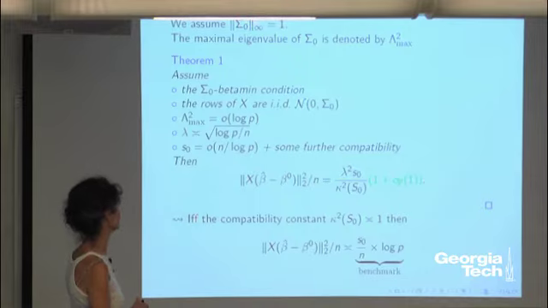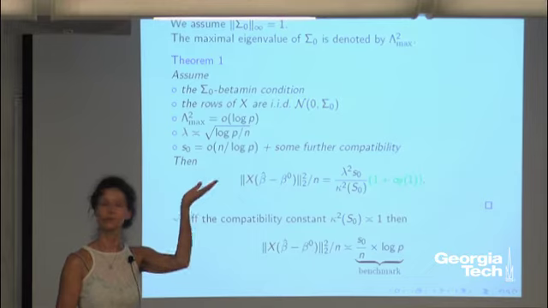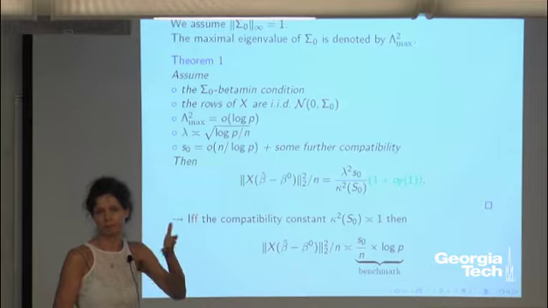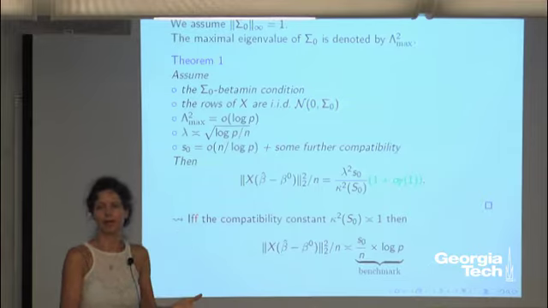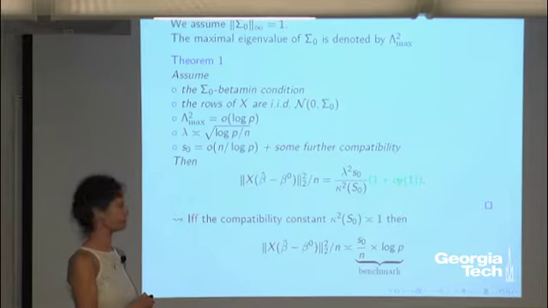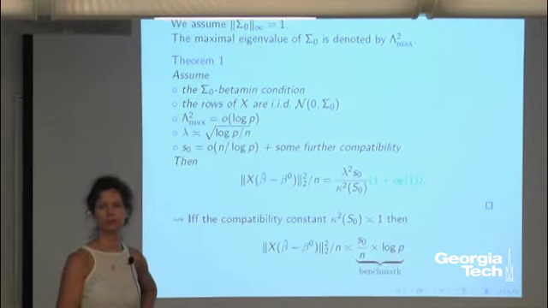To normalize it, I assume the diagonal of this matrix is all ones, or at least bounded by something. So let's say all entries are bounded by 1. And then this is important, this is not a normalization: I'm going to assume that the largest eigenvalue is not going to grow too fast.